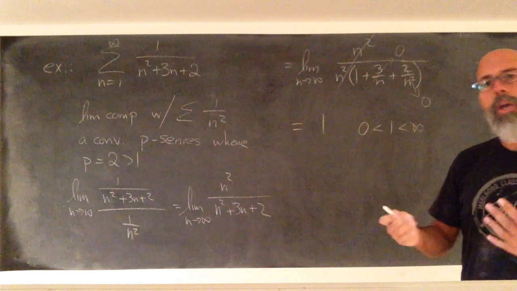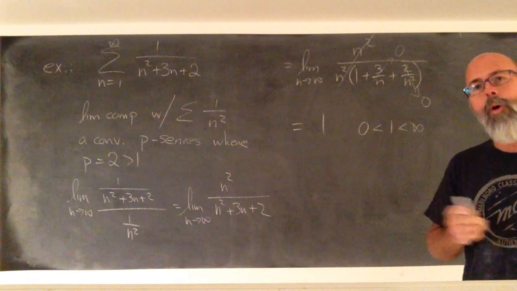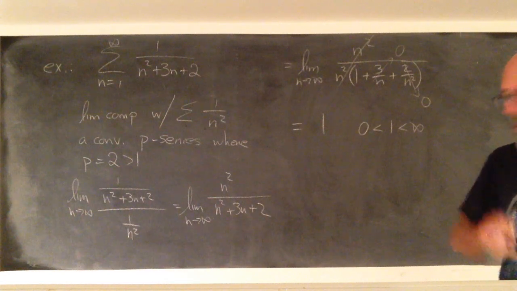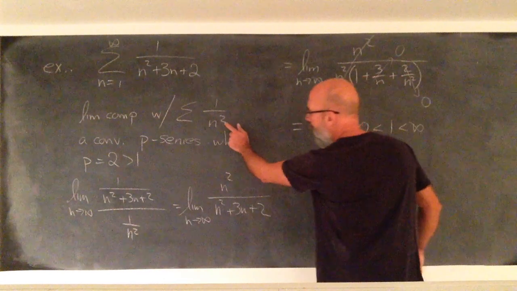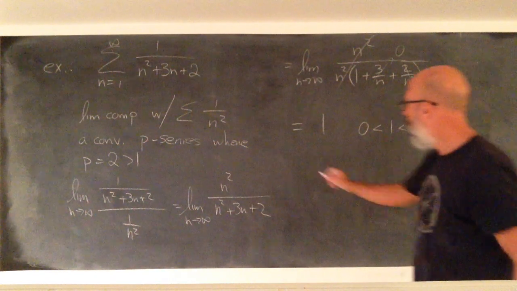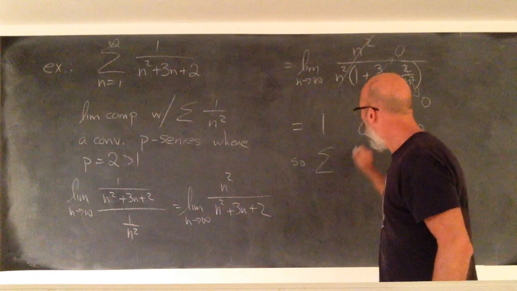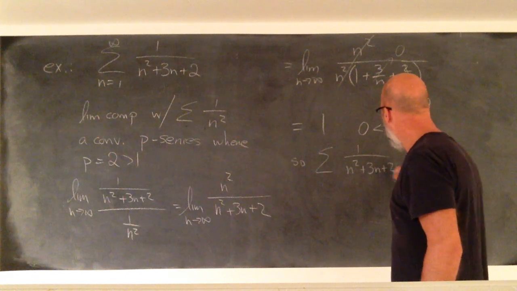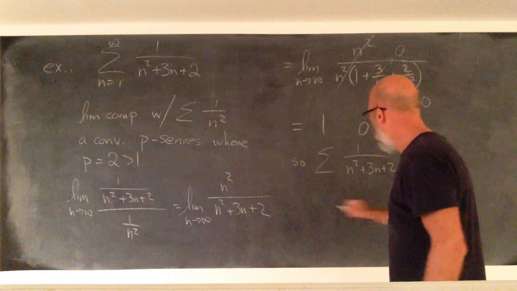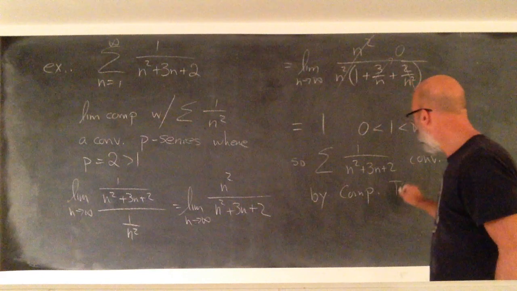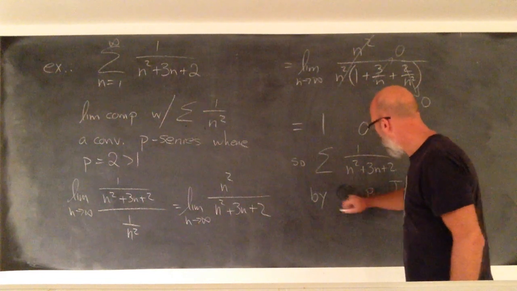So both series converge or both series diverge by the limit comparison test. But you started out with a convergent series. So this series converges by the limit comparison.